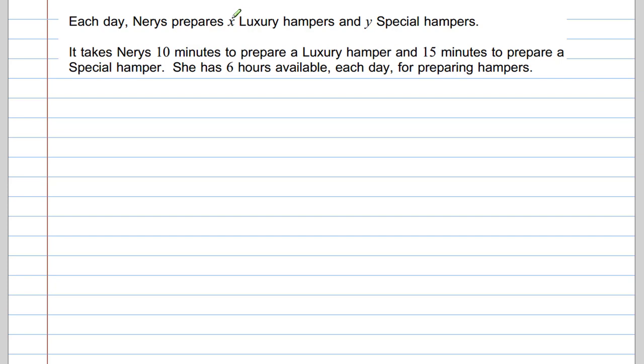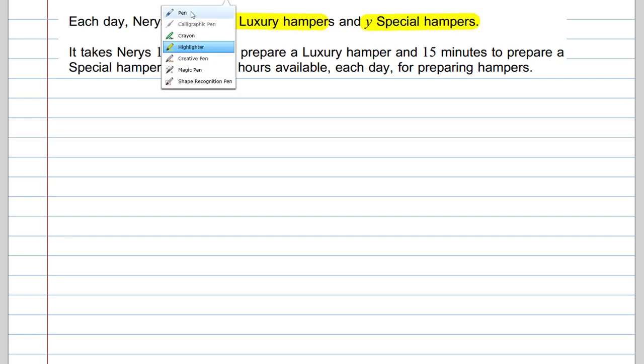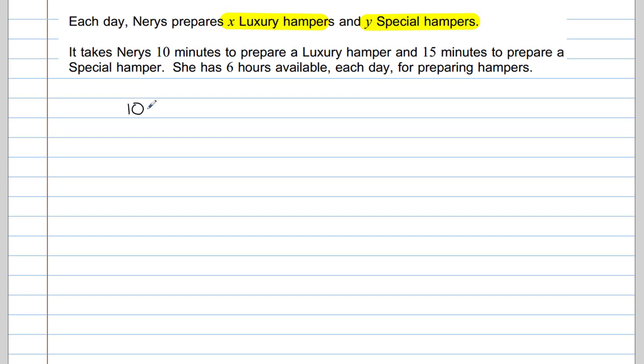And we're told our decision variables X and Y are the number of luxury hampers and special hampers. So if it takes 10 minutes to make a luxury hamper, then if we make X luxury hampers, we would do 10 multiplied by X for the total amount of time making luxury hampers. For special hampers, if each one takes 15 minutes and I make Y of them, then the total time to make those would be 15Y.